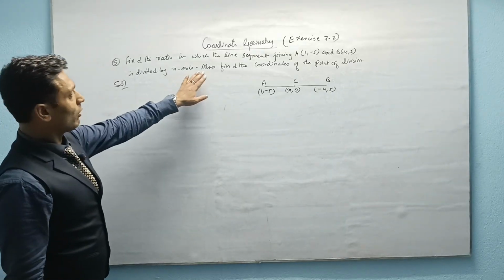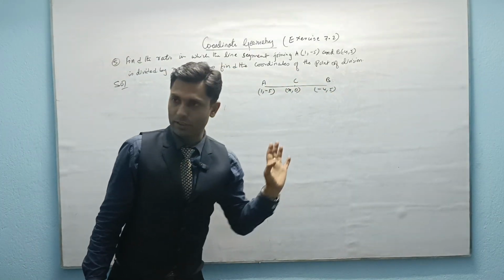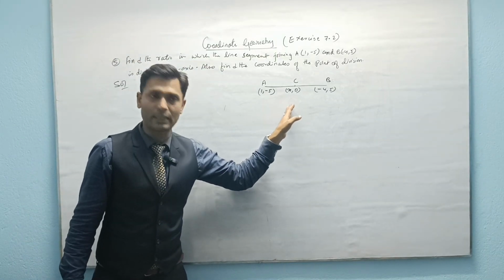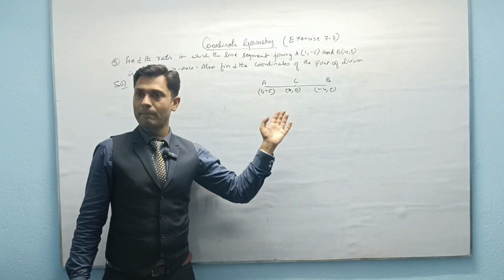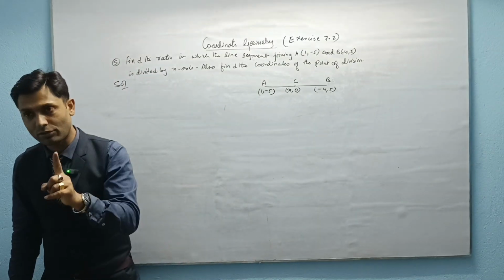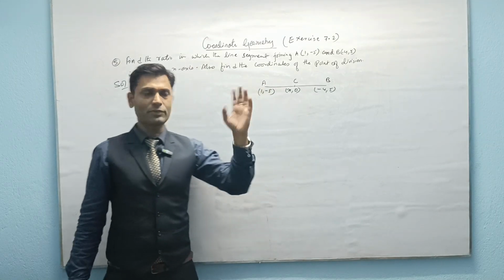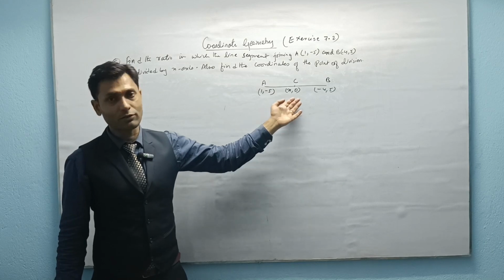Second part is saying: also find the coordinates of the point of division. That means we have to find the coordinates of C, because C is dividing line segment AB. So we have to find the ratio and we also have to find the coordinates of C. So coordinates of C means we actually have to find only the value of x. Y is already 0.